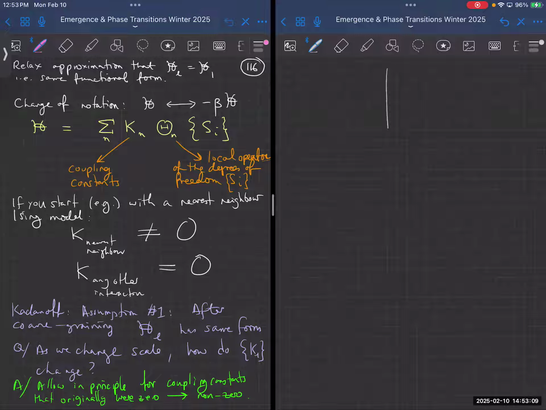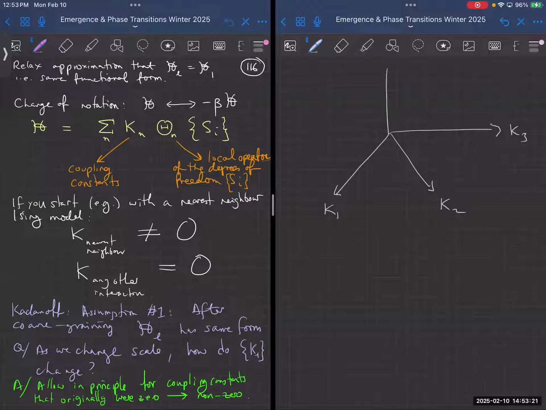We can draw a kind of schematic picture of what that might look like. Let's suppose I'm going to draw a high dimensional space here. It's really an infinite dimensional space. I can't really draw it properly, so you're just going to have to use your imagination. And so on and so forth.